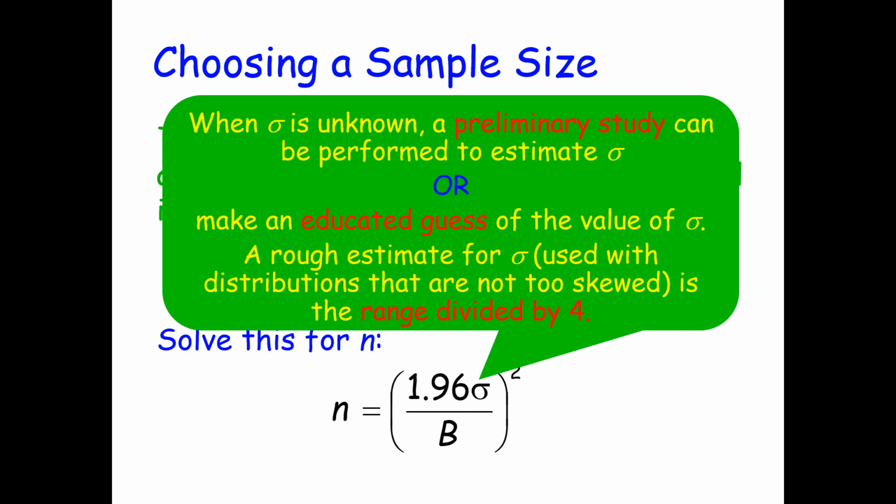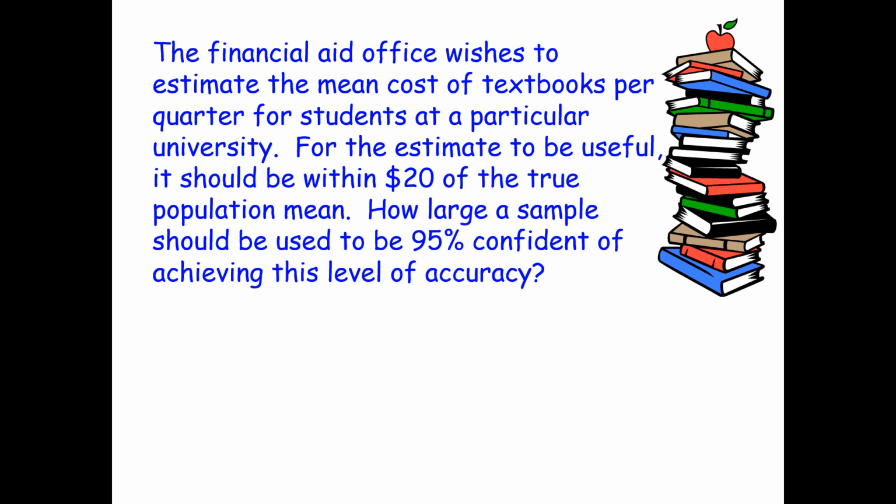So the financial aid office wishes to estimate the mean cost of textbooks per quarter for students at a particular university. For the estimate to be useful, it should be within $20 of the true population mean. So how large a sample should be used to be 95% confident of achieving this level of accuracy?